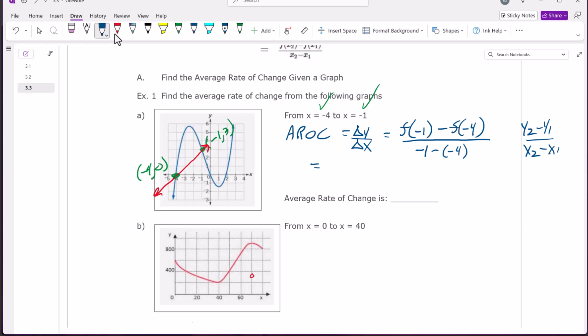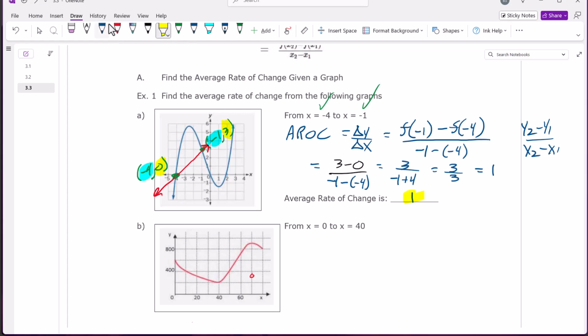So f of -1 is 3, and f of -4 is 0, so we do 3 minus 0. Then we do the x's, and we have to do the subtraction in the same order. You can't mix up the order. So you have -1 subtract -4. We have 3 over -1 plus 4, which is 3 over 3. That gives an average rate of change of 1.